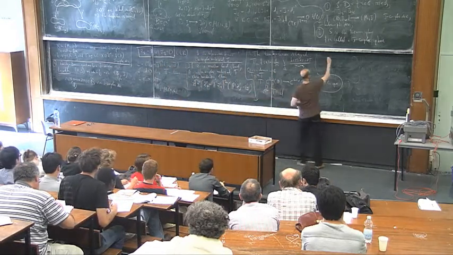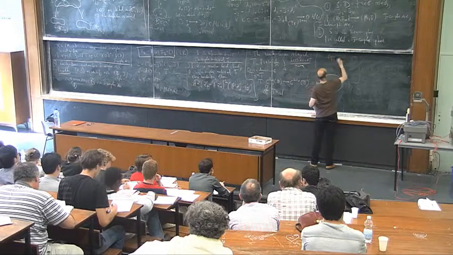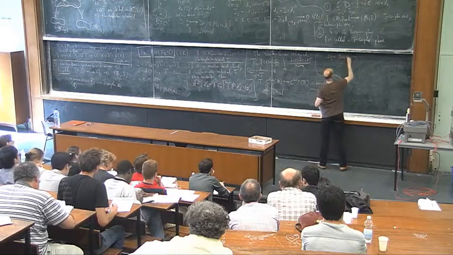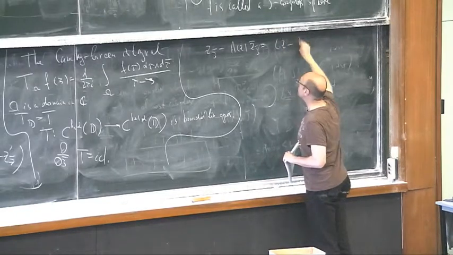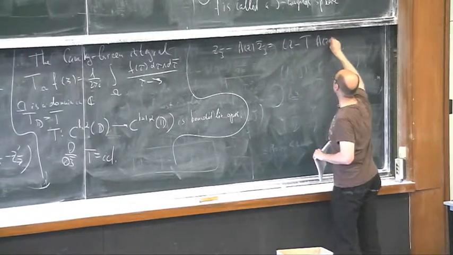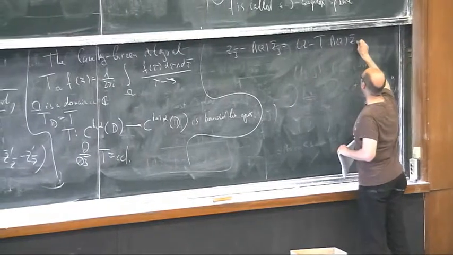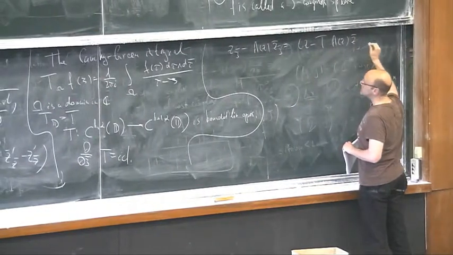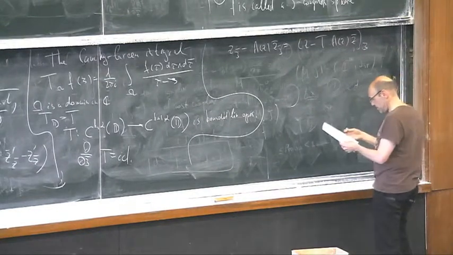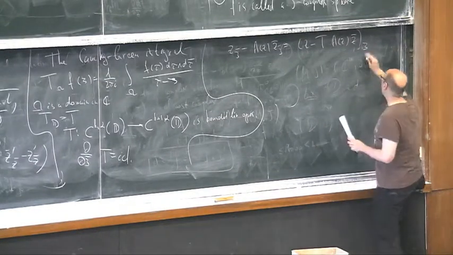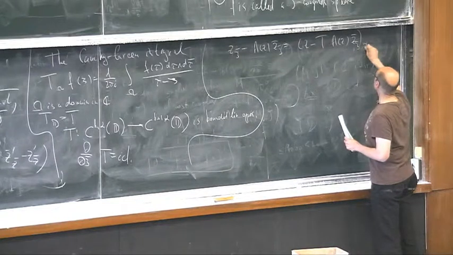The expression z zeta bar minus A of z, z bar zeta bar can be written like this: z minus T A of z, z bar zeta bar, right?